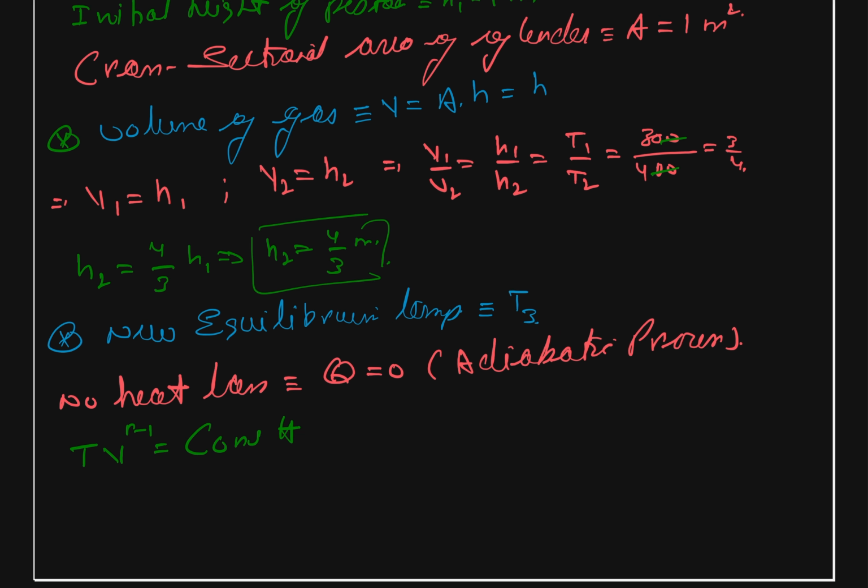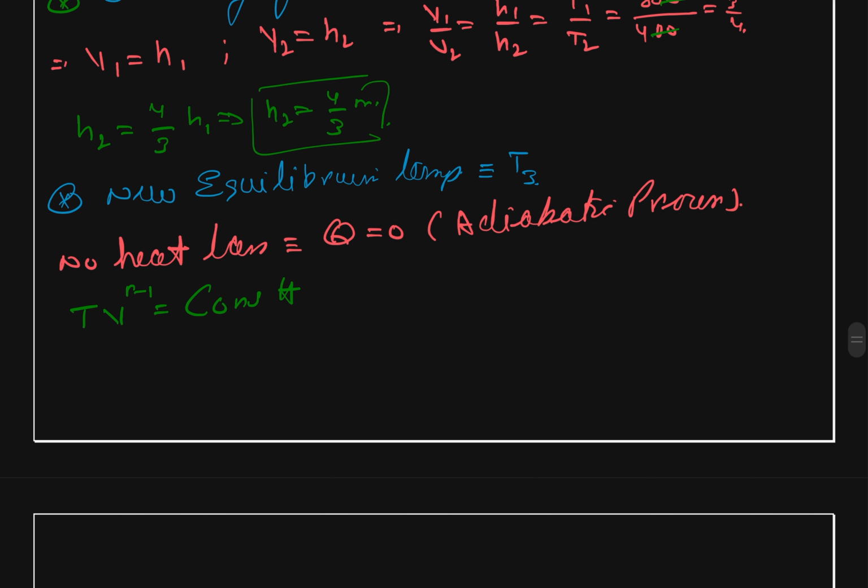Similarly, V2 will be our initial volume and V3 will be our final volume. So temperature is T2, which is 400 Kelvin. V2 is equal to H2, which is 4 by 3 meter cube.